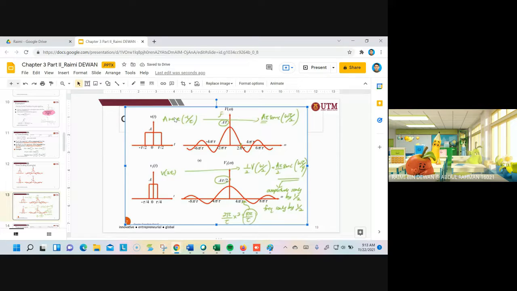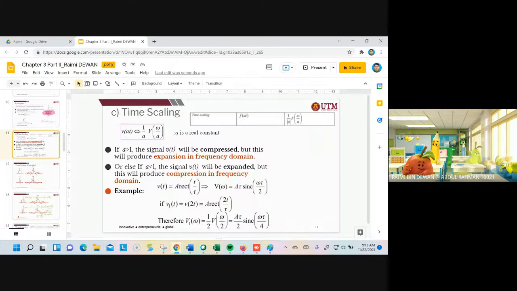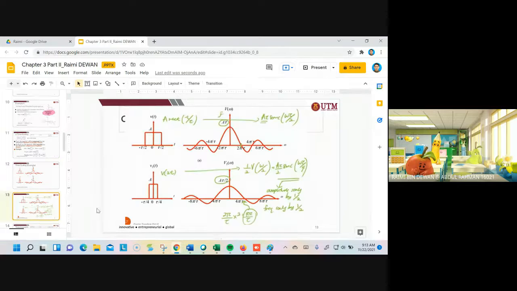So a rectangular, rect of t over tau, is actually the standard signal. When you do the time scaling, whether it is going to be smaller or expanded, you need to look at the A. This one is an example with a rectangular.